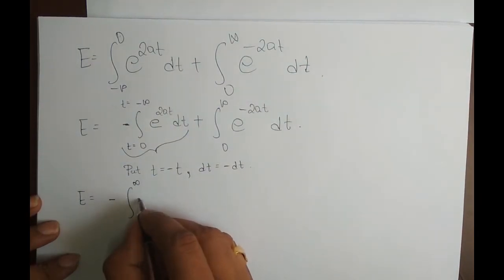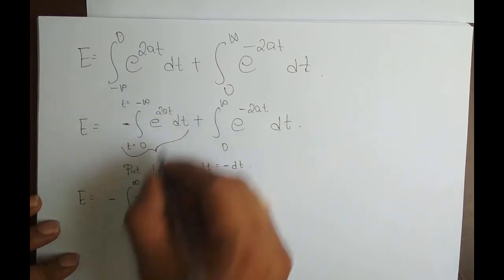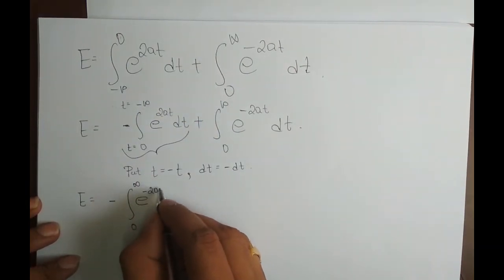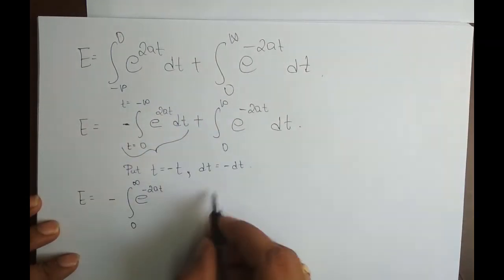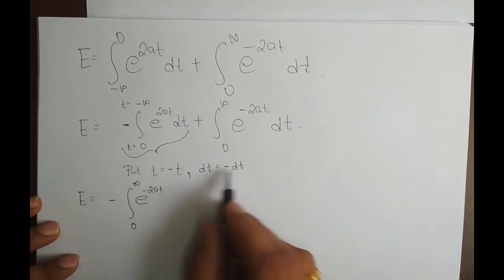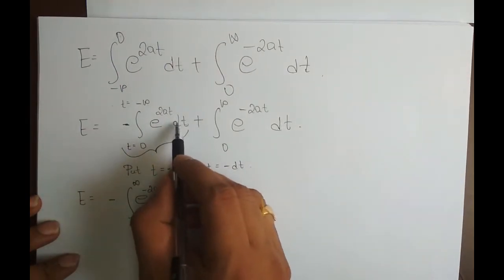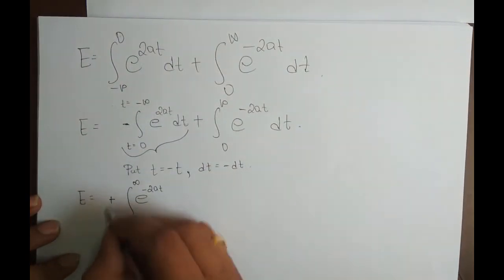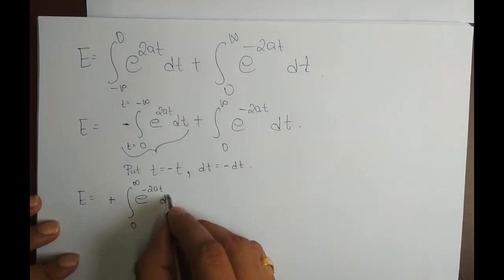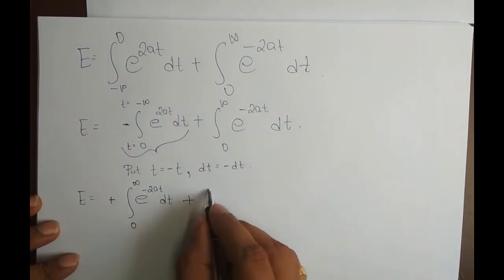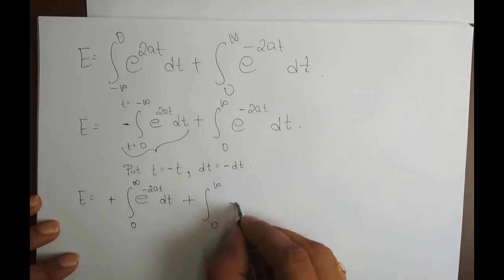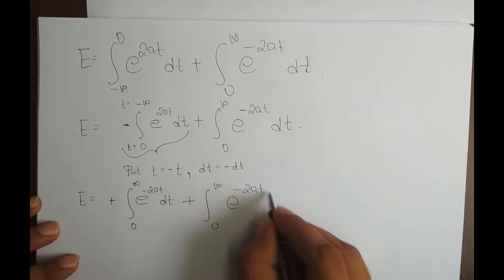Okay. So e power 2a into minus t, so minus of 2at into minus dt, because t is replaced by minus t now. So minus dt, so that minus and this minus into minus plus, so I get plus dt. So plus integrating from 0 to infinity e power minus 2at dt.